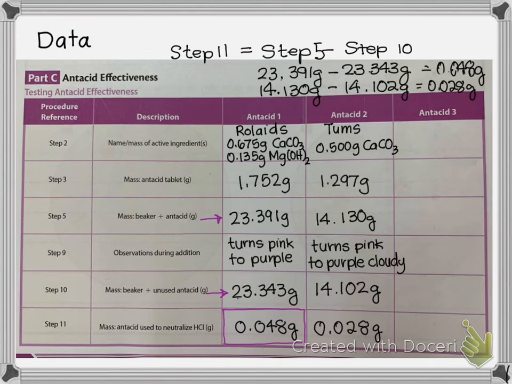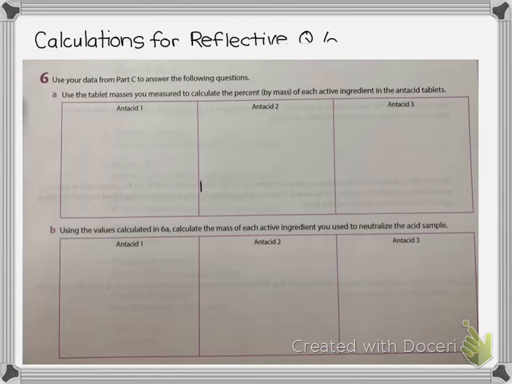So first, for Rolaids, there's 2 active ingredients. So we're going to take this number right there, the amount that you read off the label, 0.675. And that was calcium carbonate.